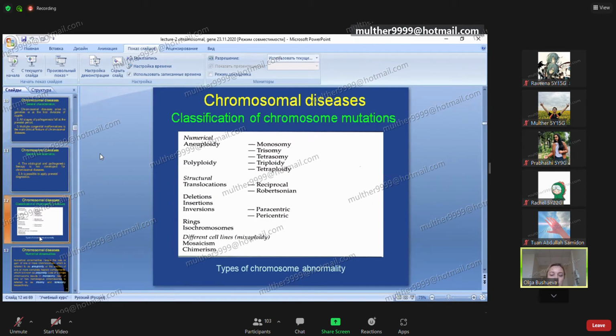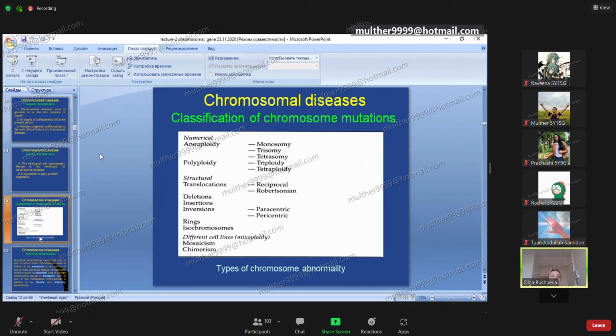So, doctors, can you see slide number 12? Classification of chromosomal mutations. Yes, madam. Okay, good. All chromosomal mutations may be divided into the following groups. First one, numerical abnormalities of chromosomes.